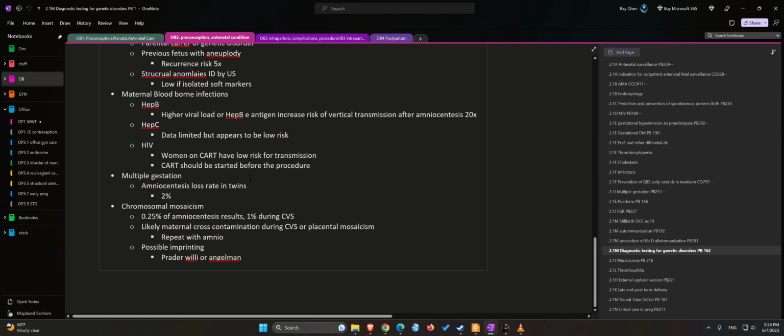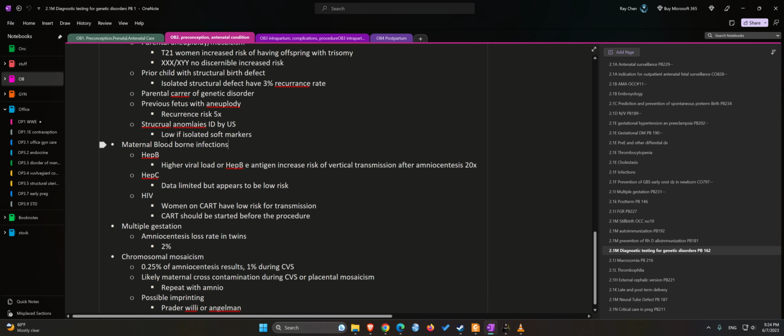Maternal infections, such as hepatitis. Maternal bloodborne infections can affect the diagnostic test because of the risk of vertical transmission, such as with Hep B. A higher viral load or Hep B E antigen increases the risk of vertical transmission after amniocentesis, about 20 times.